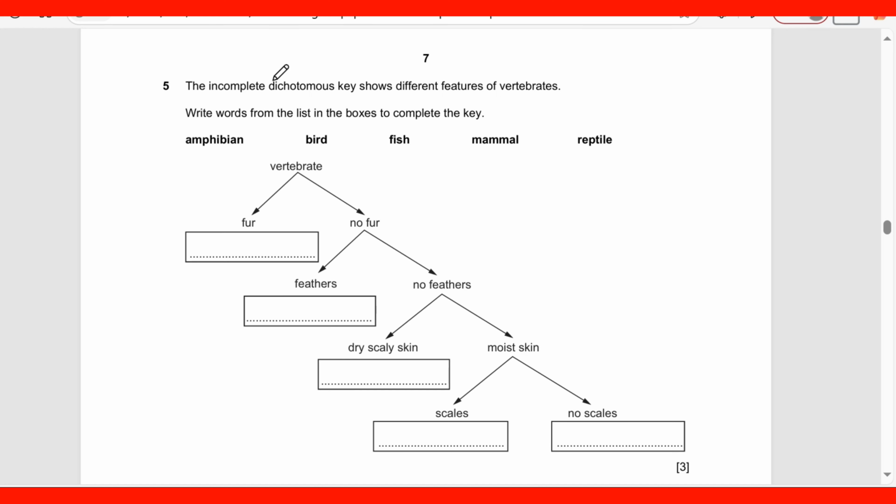Let's move on. For number 5, the incomplete dichotomous key shows different features of vertebrates. Write words from the list in the boxes to complete the key. Amphibian, bird, fish, mammal, reptile, we have to put in these 5 boxes. Alright.